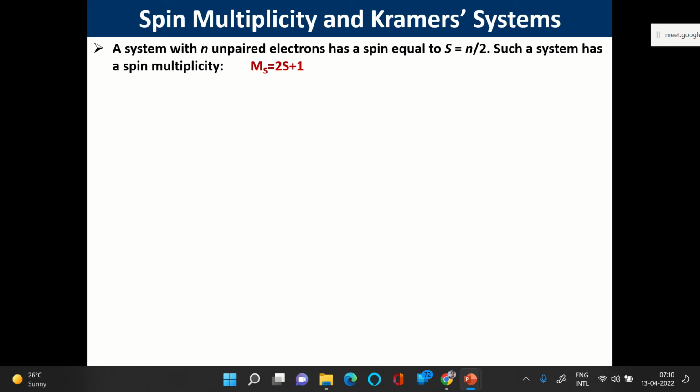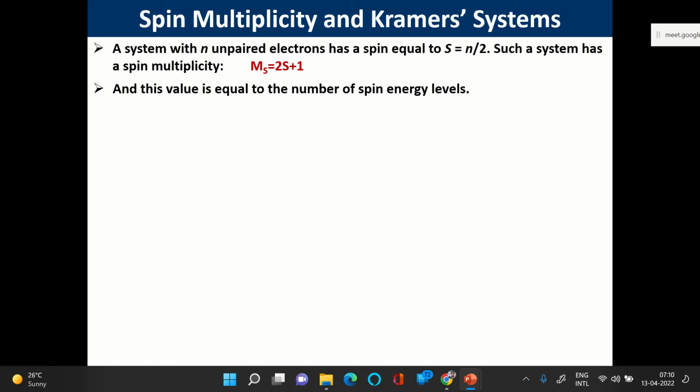Now the third thing that we are going to discuss is if you have more than one electron in that particular atom that we are talking about. So the interactions would be different. This time it would be electrons interacting with electrons, and so we have to discuss in terms of multiplicity.